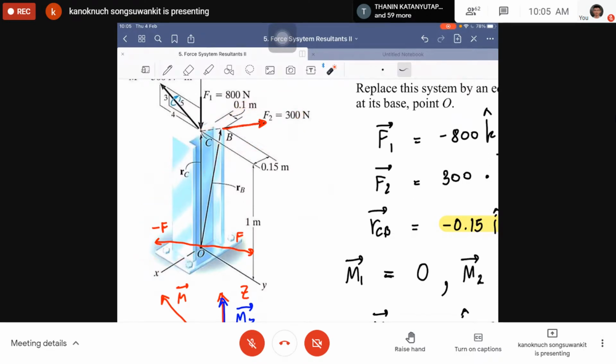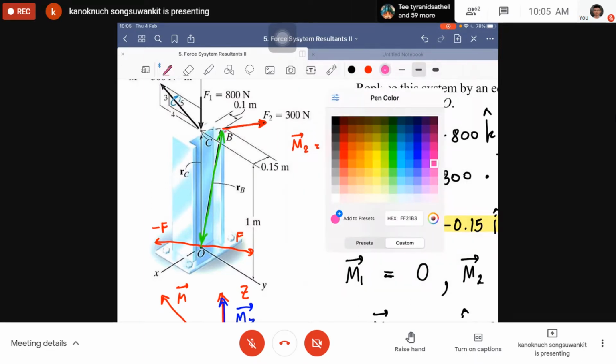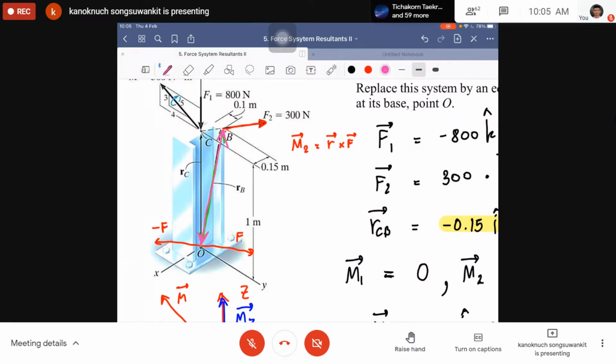Okay, so the couple M2 equal to r cross F. r is the position vector that defines the distance between these two forces. Okay, so rB. So this system produces a couple moment.